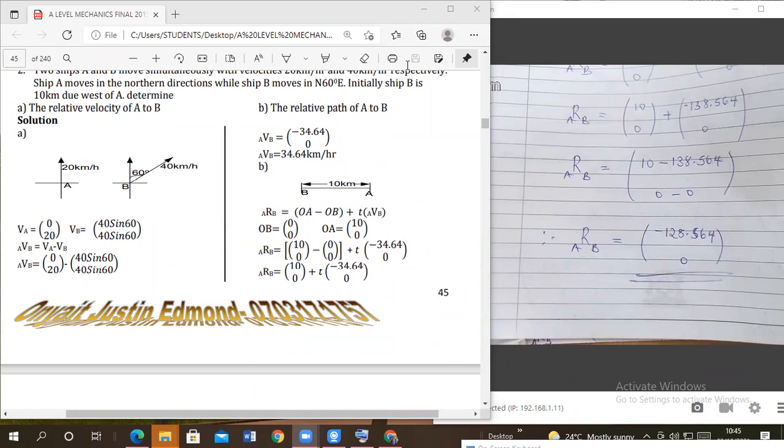Resolution of vectors. Members are afraid to get questions, but I will check and send them to your WhatsApp.